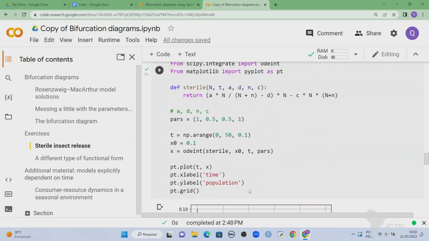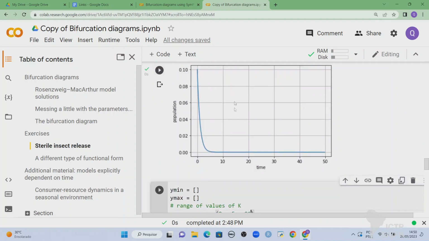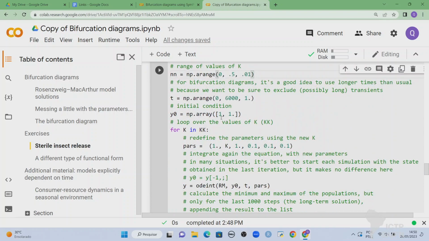I used 50 here and it looked very okay, but just to be sure, let's put double that: 100 time steps, with time going up to 100. Now the initial condition is not an array, I'll put 0.1 here.